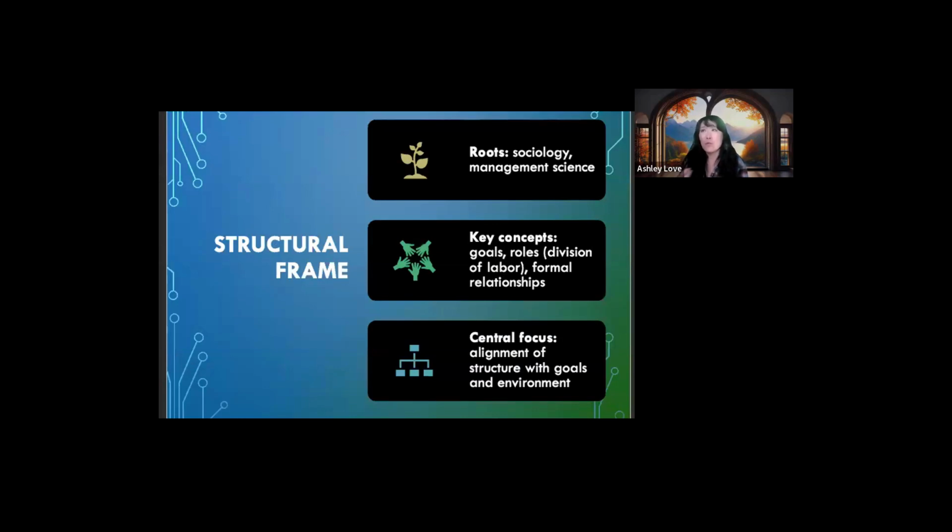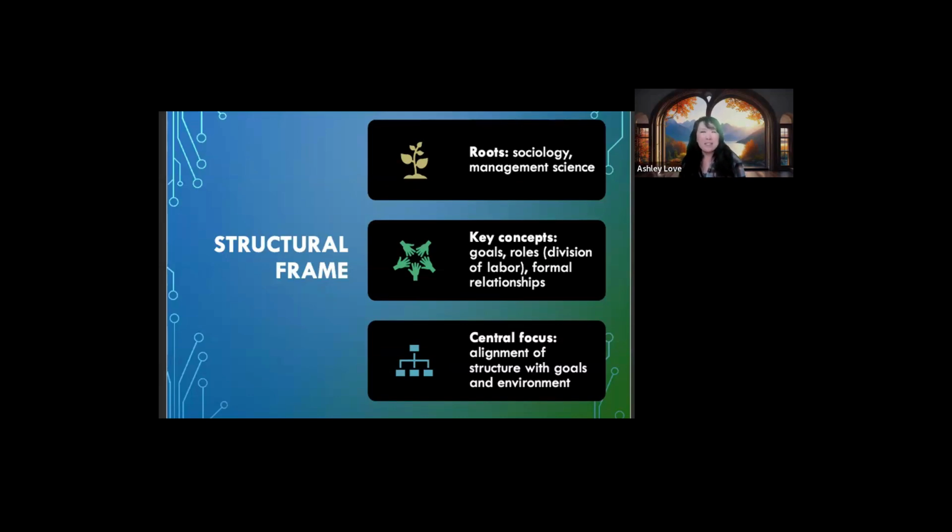So what is a structural frame? There are three concepts in there. A lot of times when you're learning about different theories and models, the researchers are going to give you information about how they came about. So the structural frame is what you're used to over the years. What is the organization structure? It's usually rooted in sociology and management science.